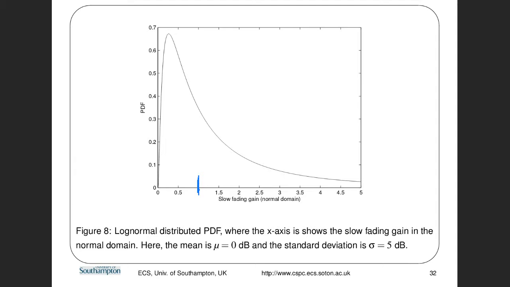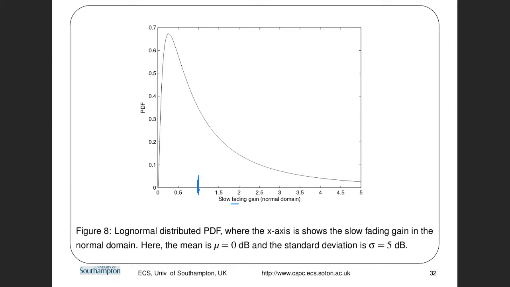If the fading is bigger than 1, then the signal is amplified. If it is smaller than 1, then the signal is blocked. It's actually still a half and half chance, because on the left-hand side we have a high peak, and on the right-hand side we have a long tail.